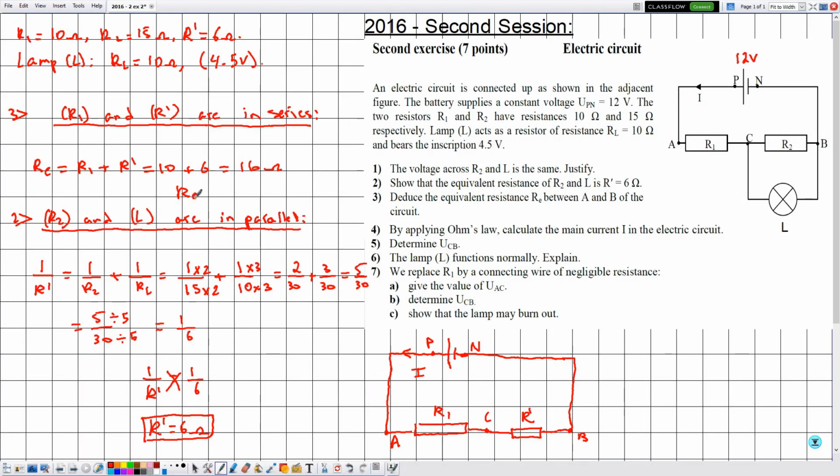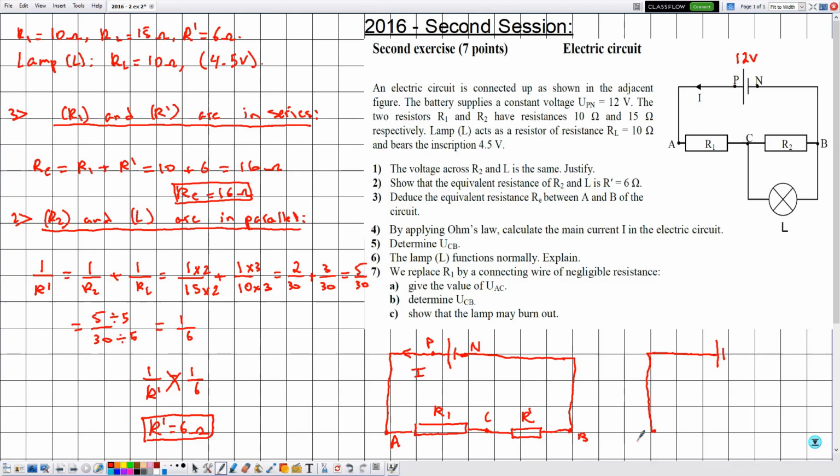Then Re is equal to what? 16 ohms. And always, whenever we determine an equivalent resistance, we redraw the electric circuit containing the new equivalent resistance. This equivalent resistance is between the points A and B of the electric circuit. This is the battery.